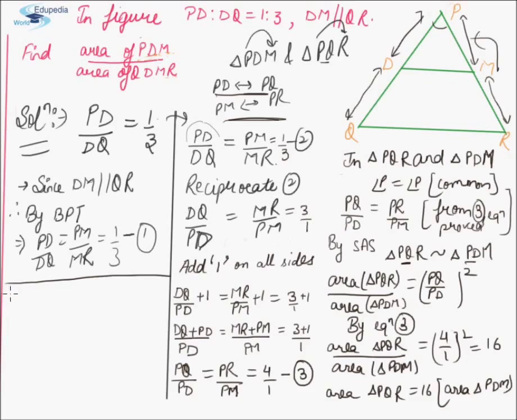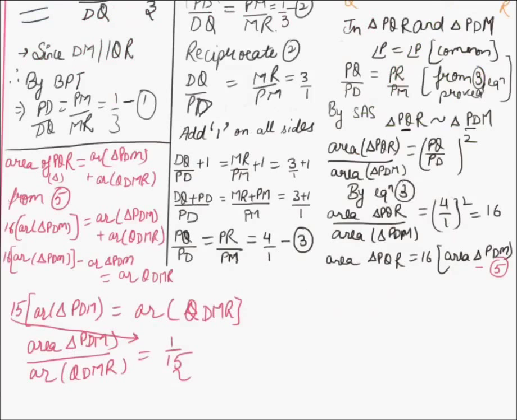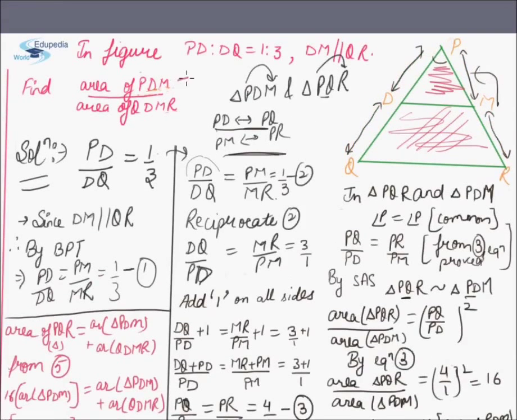Now friends, we need to find PDM over QDMR, their areas. So area of triangle PDM over area of trapezium QDMR on cross multiplication, that is bringing 15 to the denominator of right hand side, we have 1 by 15. Thus the required ratio is 1 over 15.